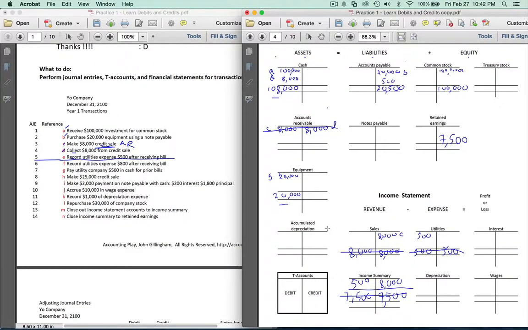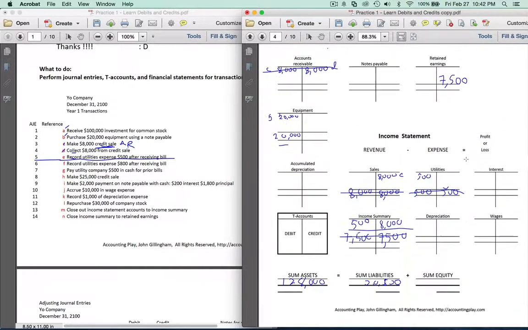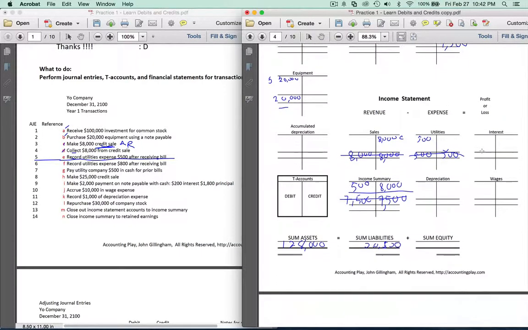Liabilities is 20,500 of accounts payable. 20,500. Now this is my first freaking video ever, so it's terrible. But at least I'll give you an idea of how to work this worksheet.